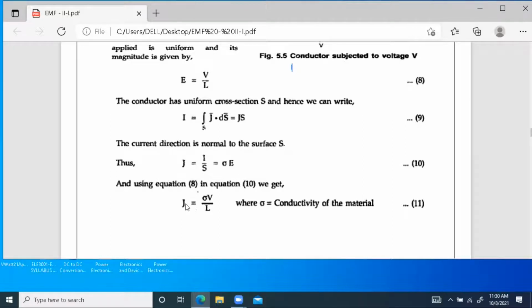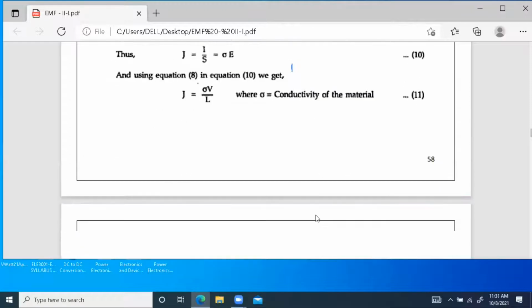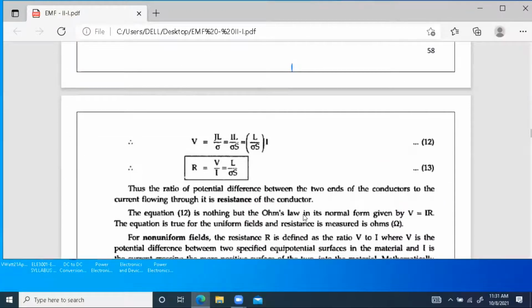So J equals sigma V over L. Using this and this, and solving for V: V equals JL over sigma, which is IL over sigma S, which is equal to L over sigma S times I. So this L over sigma S is your resistance.